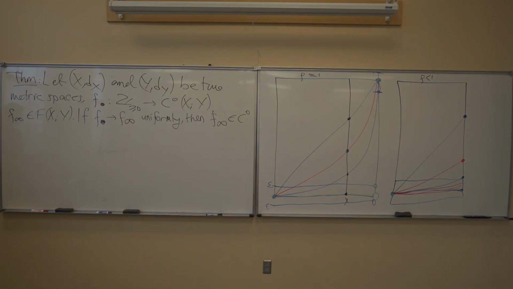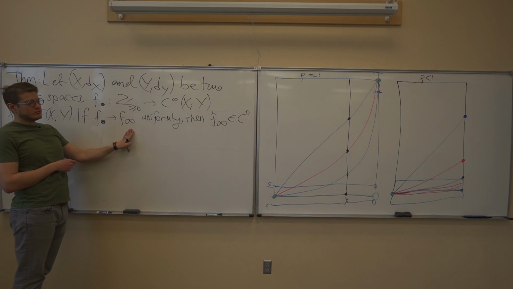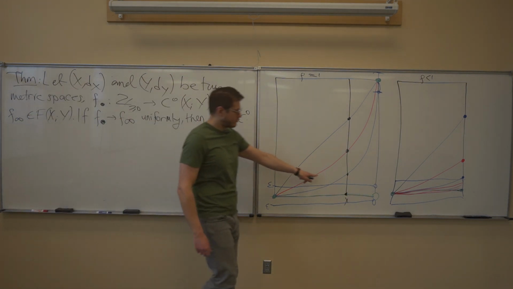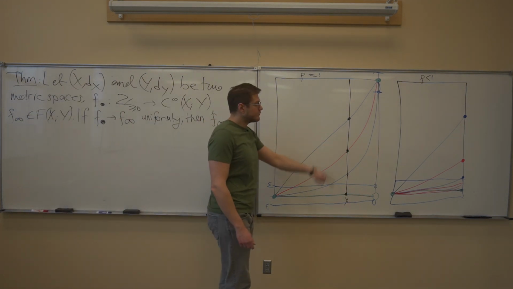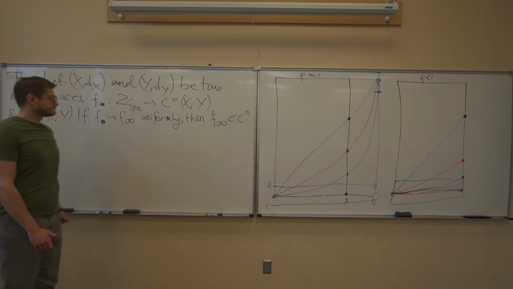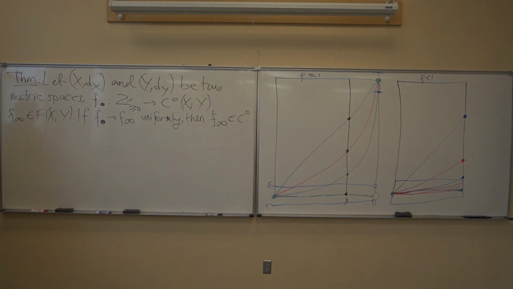So while pointwise convergence may not inherit continuity properties, like we saw in this case, uniform convergence does. Okay?